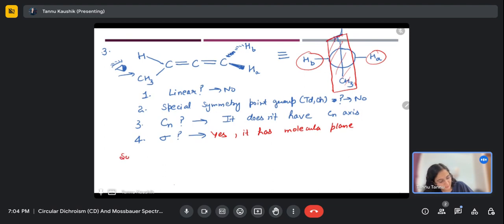So the molecule belongs to Cs point group.